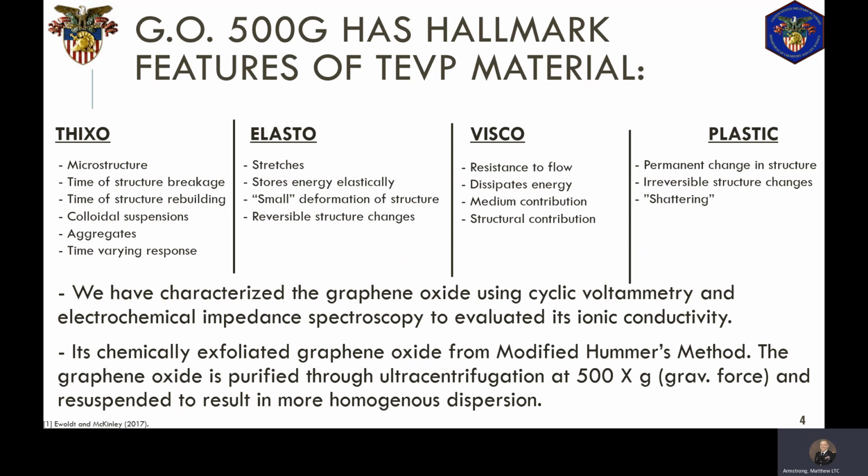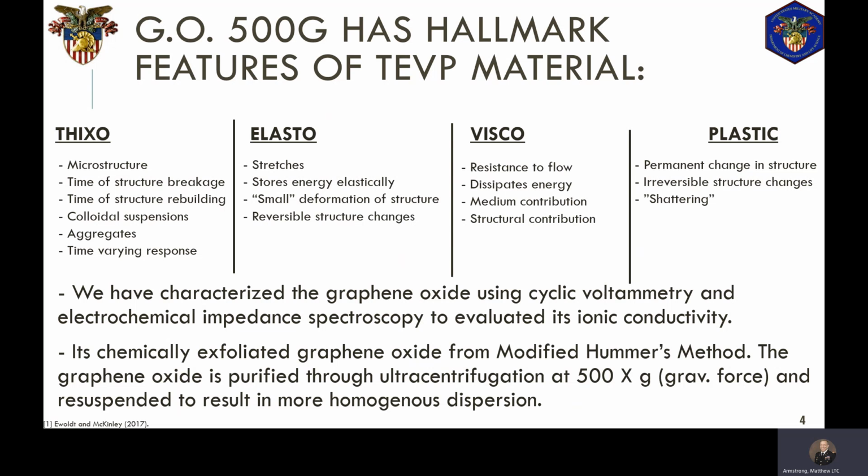And so we have determined that the graphene oxide, after having undergone 500 g, has hallmark features of any thixo-elasto-visco-plastic material, meaning that it does have a microstructure with characteristic timescales of structure breakage and structure rebuilding. We know it has aggregates.